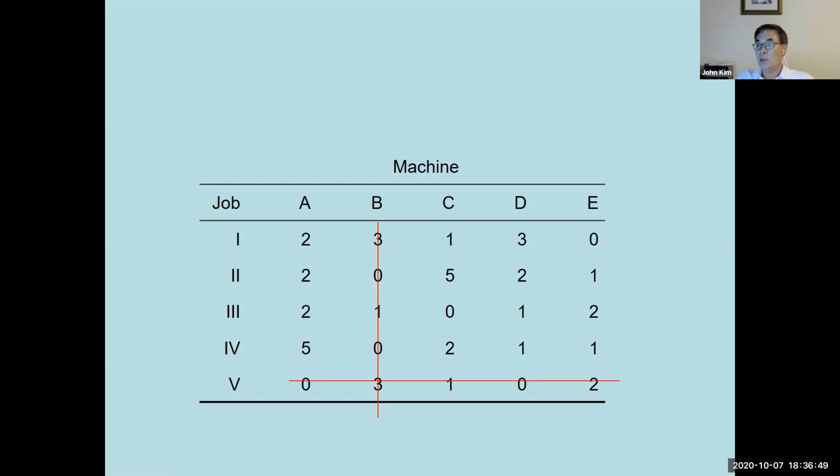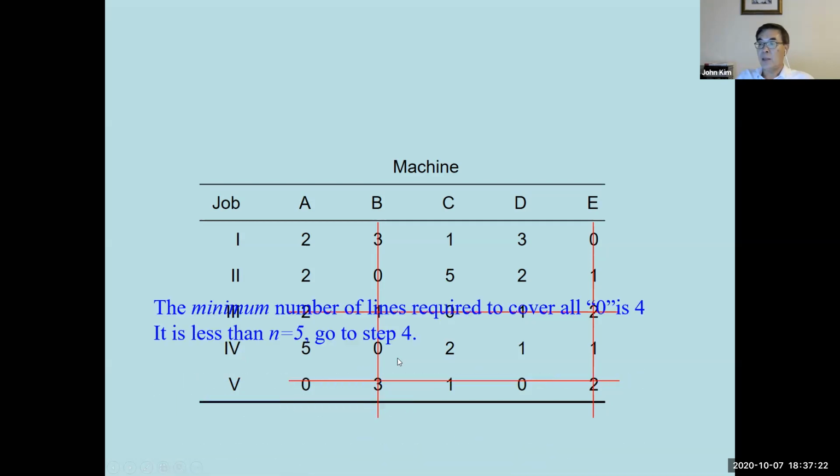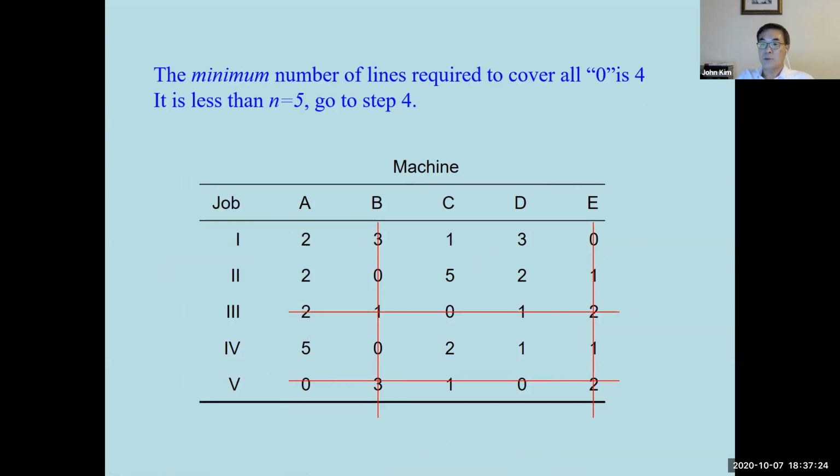And then the remaining 0 here and there, it doesn't matter, using horizontal line or vertical line, cover. So cover all 0 here and here and here using 4 lines. The minimum number of lines to cover all zeros is 4, but n is 5. So we need another step.